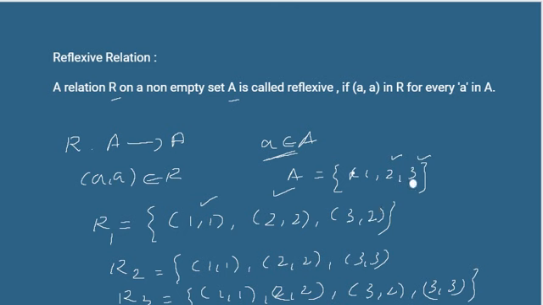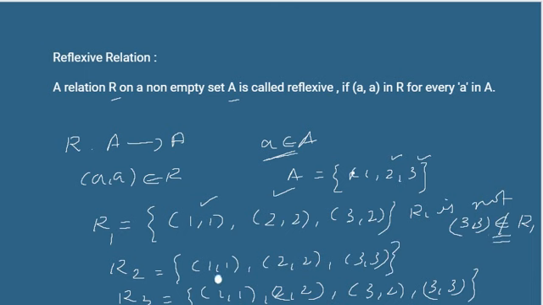Here (3, 2) is there, but (3, 3) is not there. So what can you say about R1? R1 is not reflexive. And what is the reason? Since (3, 3) does not belong to R1. Whenever you are answering a question, you have to say whether it is reflexive or not, with the reason. Let us see the next one.